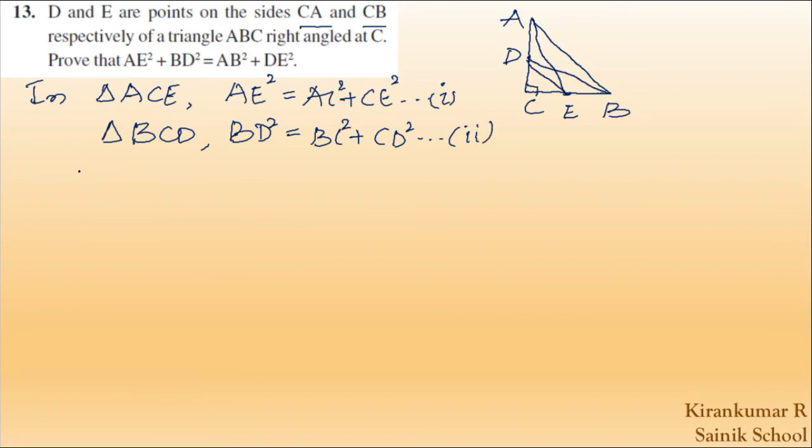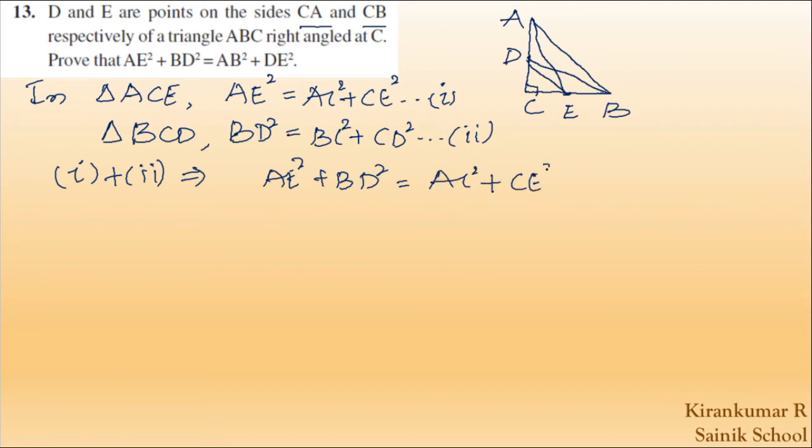Now if I consider the sum of these two equations, equation 1 added to equation 2, we get AE square plus BD square as AC square plus CE square plus BC square plus CD square. Let me name this as equation number 3.